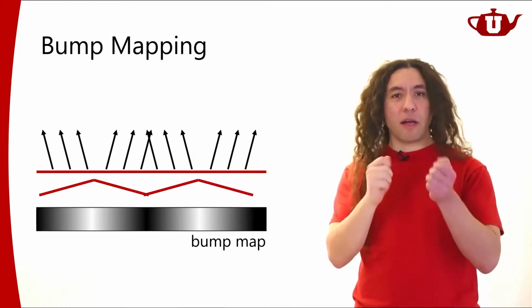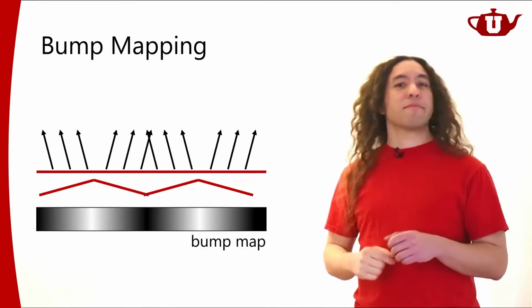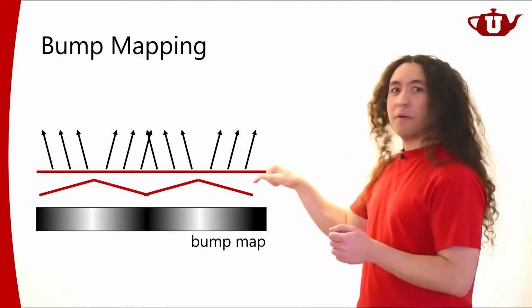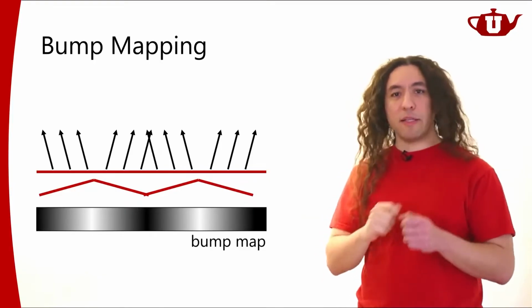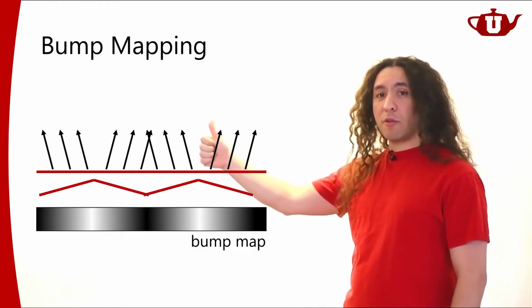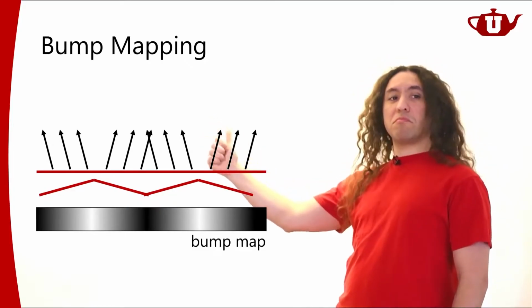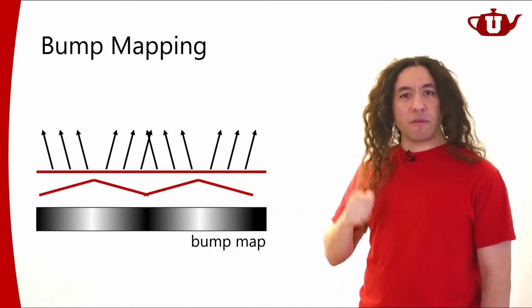By comparing the colors of neighboring pixels, you can figure out, oh, the value here is increasing in this direction. Of course, you can do that in 2D, and based on that increase, you take the surface normal and you perturb it. You just perturb it along some direction. Of course, you can adjust the magnitude of that.